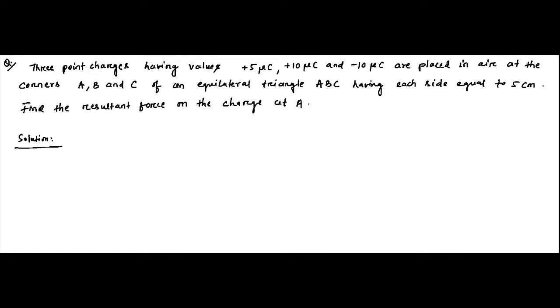So first we have to draw the diagram, which is very important, converting the information into an accurate diagram. So an equilateral triangle. It's not looking like an equilateral triangle, but let's just say that it is one.